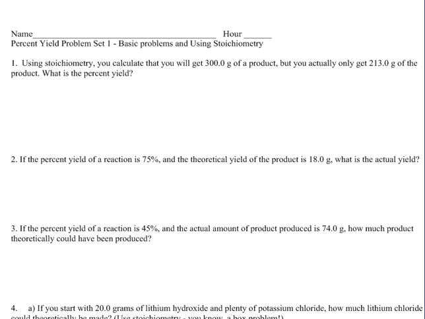It says, using stoichiometry, you calculate that you will get 300 grams of a product, but you actually only get 213 grams of the product. What is the percent yield? Well, remember, percent yield is the actual divided by the theoretical, and then you multiply by 100.